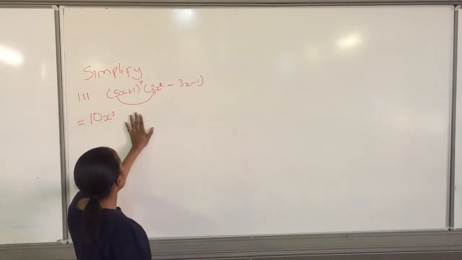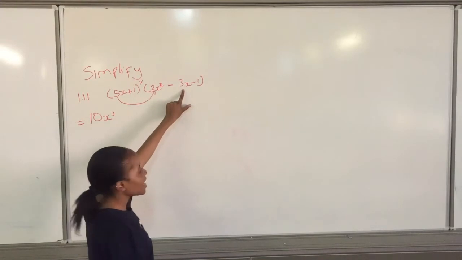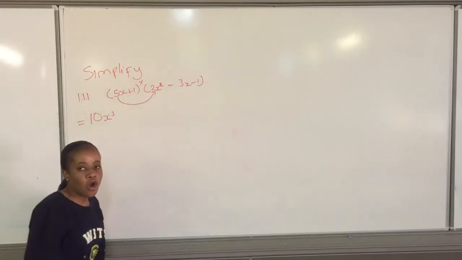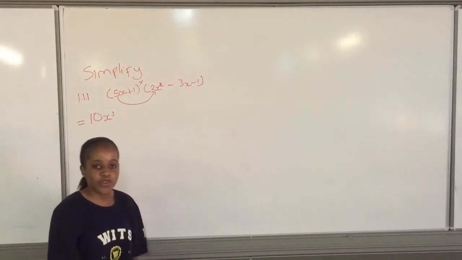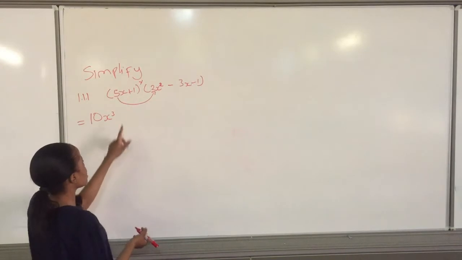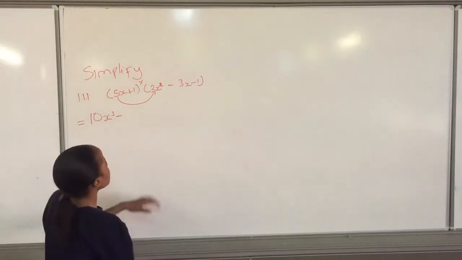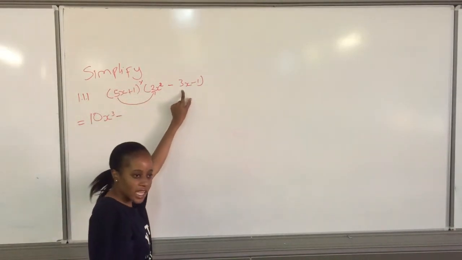Then you're going to say 5x multiplied by minus 3x. Right? And you should remember that when you're multiplying a positive and a negative, you're having a negative. So meaning that your sign here will be what? Will be negative.